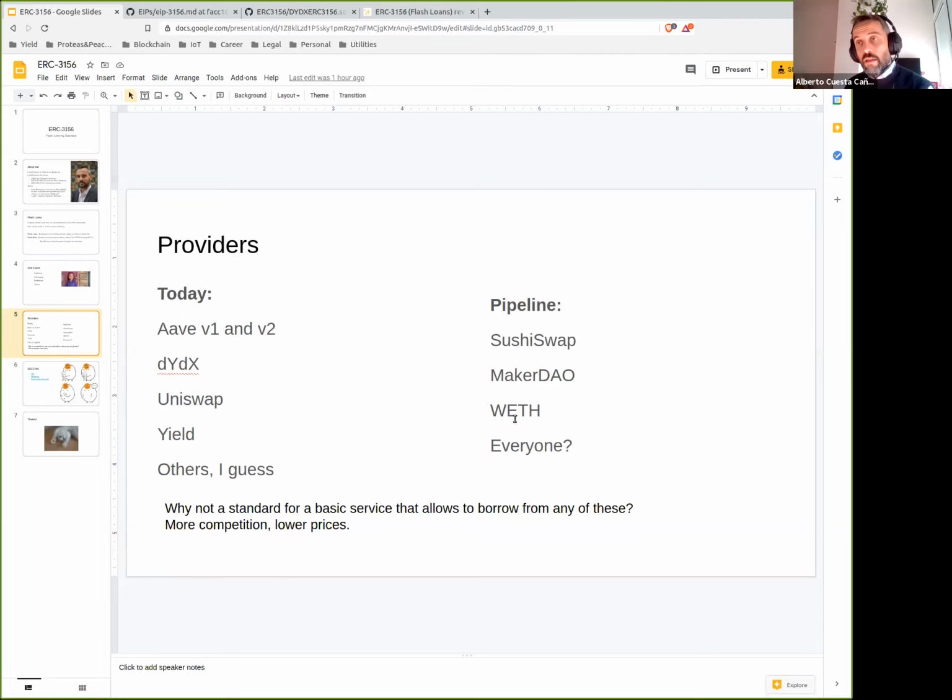Okay, so for example, an unsafe flash loan for the lender might be where you accidentally let someone take a flash loan of something like DAI. For example, you are Compound and you are flash lending DAI, and then the borrower takes that DAI and deposits it back into Compound.